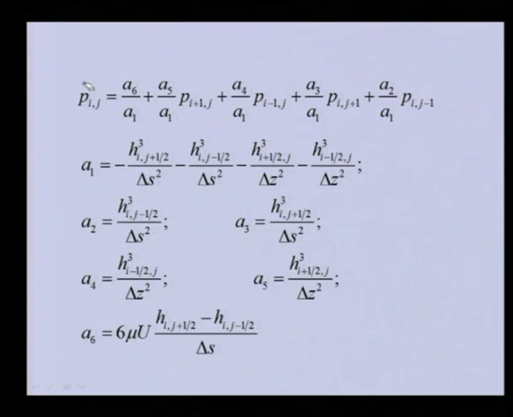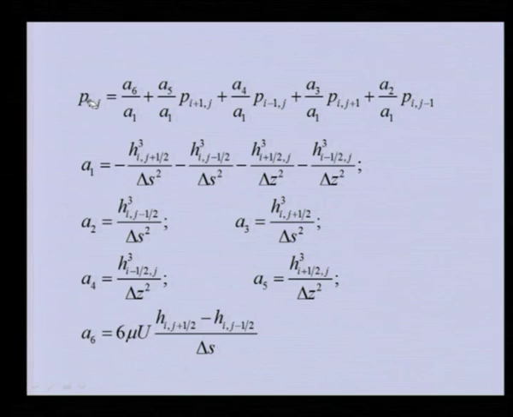So the pressure at ij we are predicting with the help of the neighboring 4 nodes, and these various constants are known quantities, either film thickness or the circumferential distance or radial distance or axial distance. So this equation is very important.